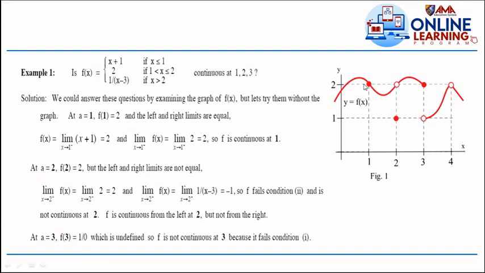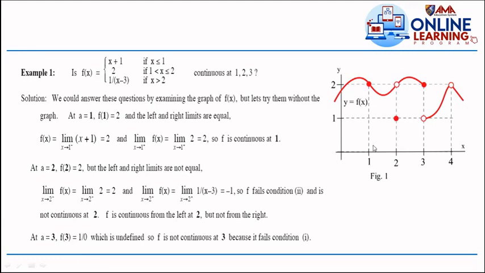And the limit of f(x) as x approaches 2 from the right is equal to the limit of 1 over x minus 3 as x approaches 2, which is equal to negative 1. So f fails the condition in the second statement and is not continuous at 2. F is continuous from the left at 2 but not from the right.